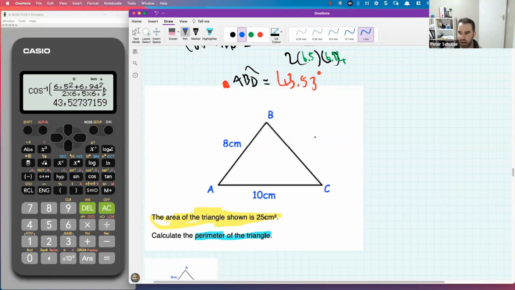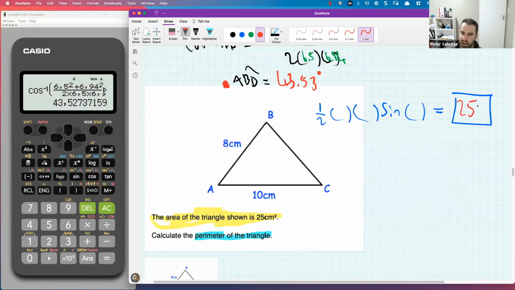Okay, so Andile said write down the formula and substitute. So I'm guessing the formula is the area rule. And generally speaking, the area rule would look like that. You know the area is 25.